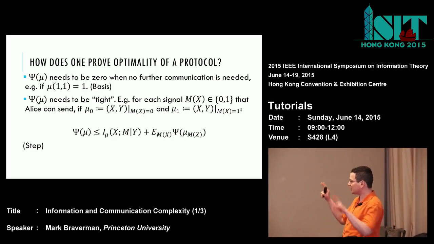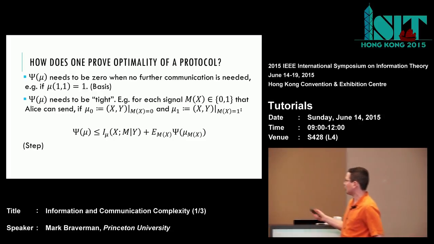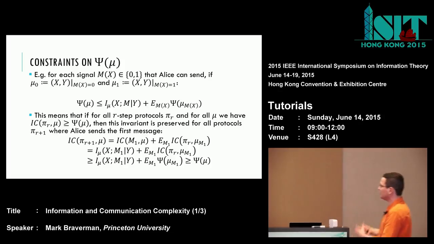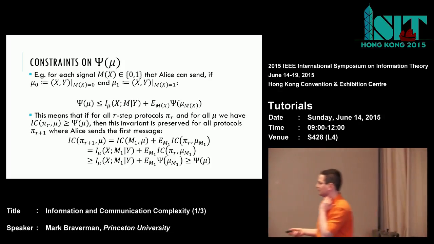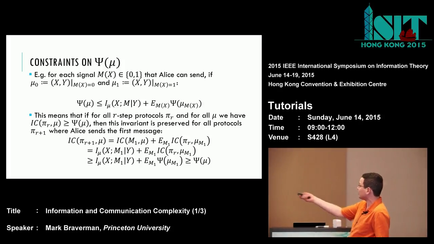a bunch of concavity-like conditions on the cost as the protocol progresses. Essentially, it corresponds to the inductive step argument when you actually prove it. So let me give you just one step of the induction.